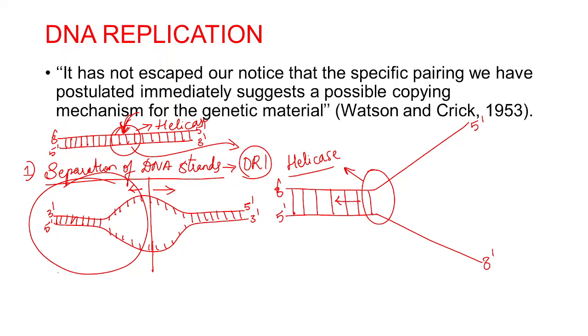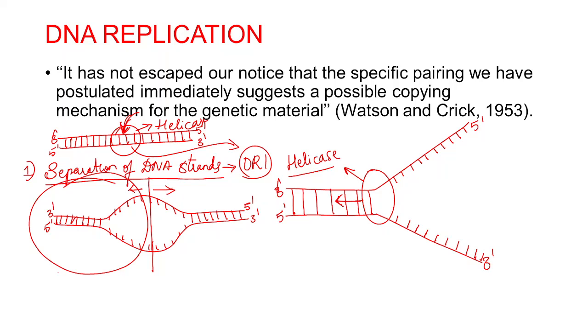So, this enzyme helicase is moving in this particular direction and separating the strands, and this particular structure with 2 separated strands will be called what? Replication fork. You can see the replication fork, right.